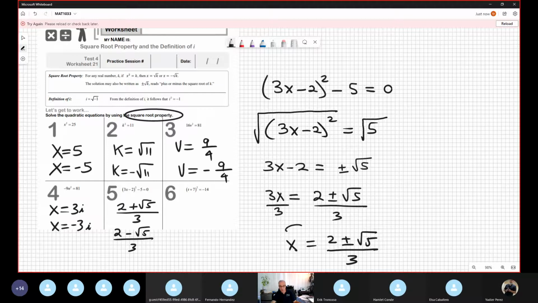Either way, you can express it using this symbol, plus or minus. Guys, this is equivalent, at least for me in the test on paper. And in Alex, it depends. Alex is a little bit picky, so you need to write both separated by a comma, maybe. In Alex, we need to put both. So you need to understand it's the same idea.